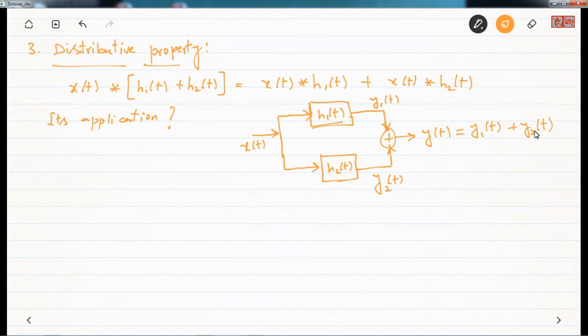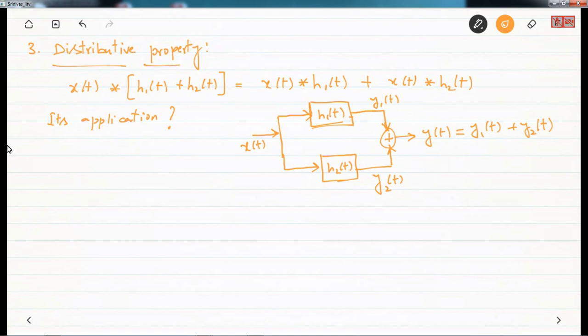Here you can see that this is connecting two LTI systems in parallel. Here these LTI systems h1 of t and h2 of t are connected in parallel, whereas in the previous example we connected them in series.